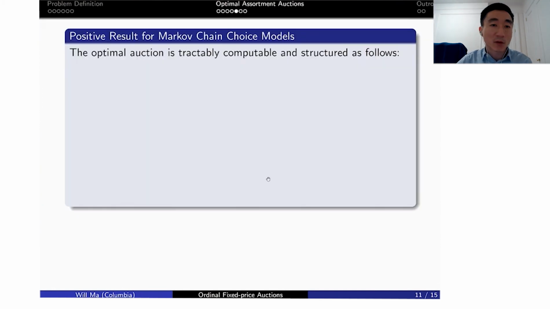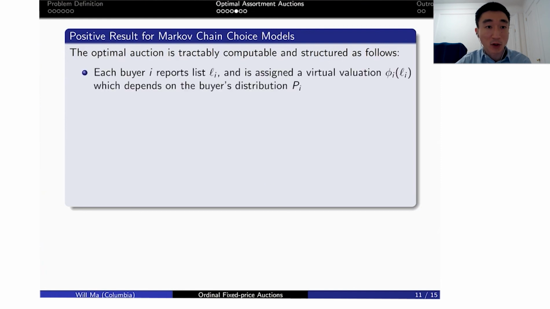Okay, so our primary positive result says that for Markov chain choice models, the optimal auction can be computed in polynomial time, and it's structured in the same way as Myerson's original auction, which is each buyer reports a list, and then they're assigned a virtual valuation, which maps the list to a single real number based on what they report and what their distribution was.